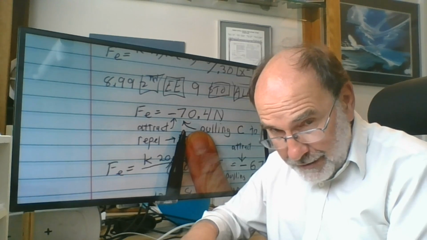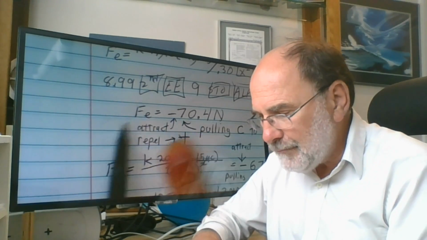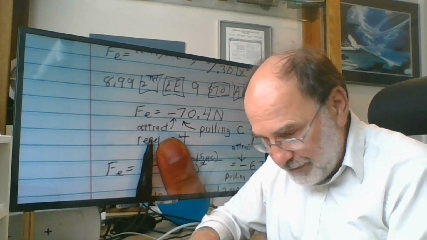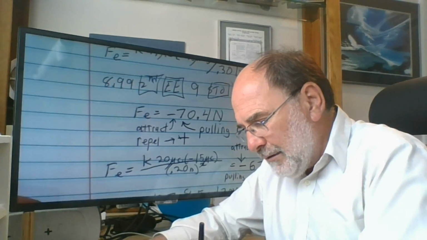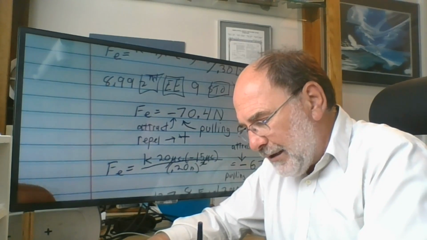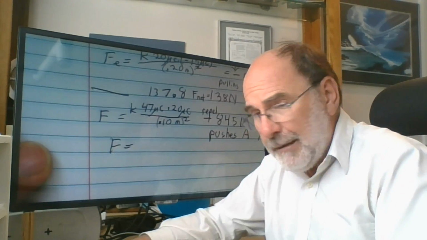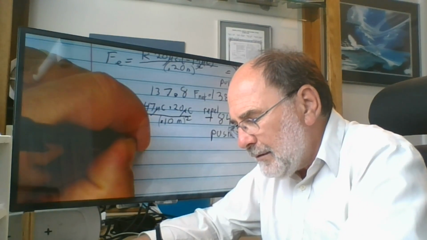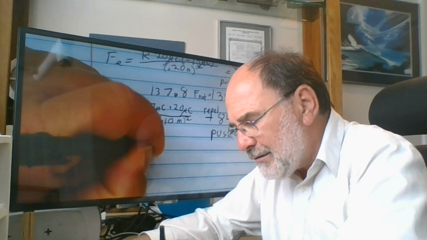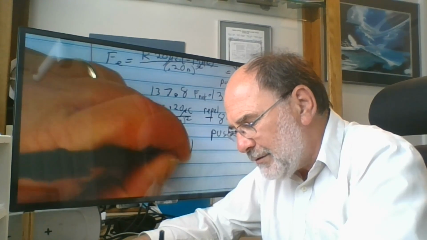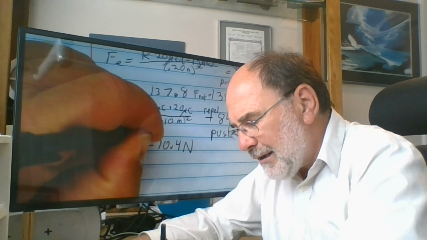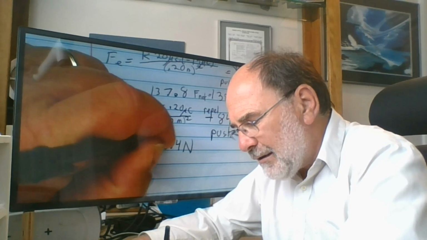So I'm not going to calculate that again. It's an attractive force. And so I'm going to write down the second force is, I'm just copying and pasting, negative 70.4 newtons. And that minus sign means it attracts.